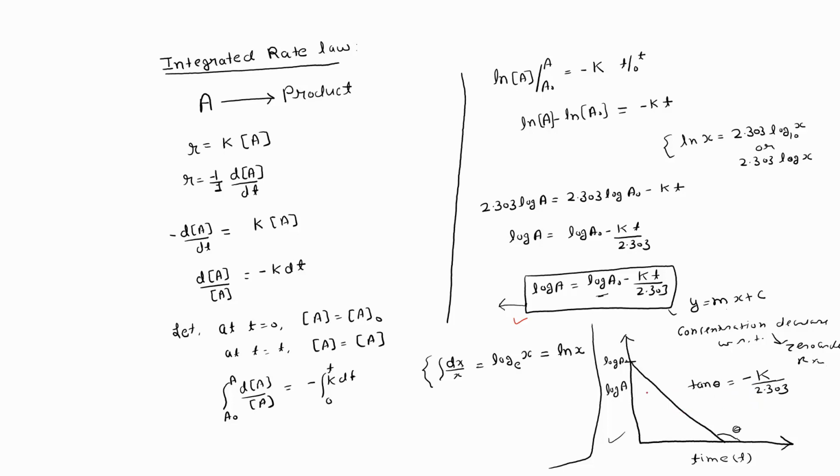Whereas in zero order reaction, we have a curve like this, concentration A with respect to time, and slope of this line, that is tan theta, will give you minus K. And this is A naught. So for zero order reaction, the graph will be in terms of concentration of reactant with respect to time, whereas in first order reaction, it is a logarithm of concentration with respect to time.